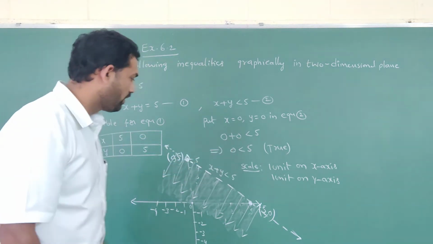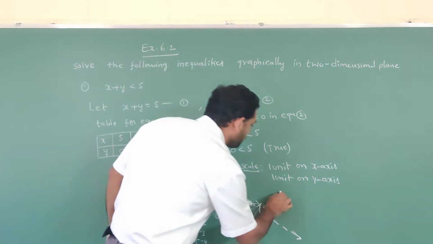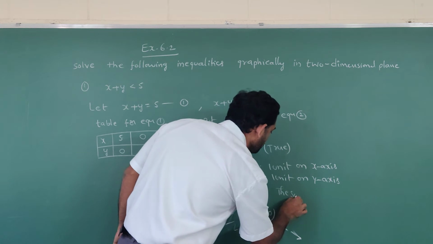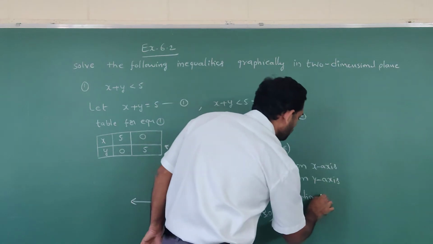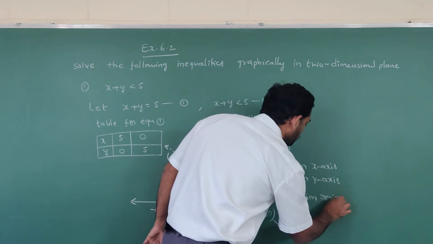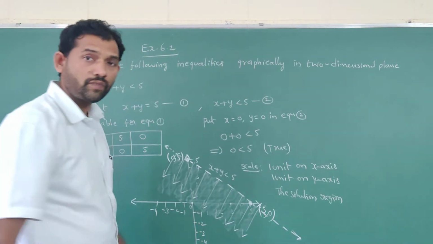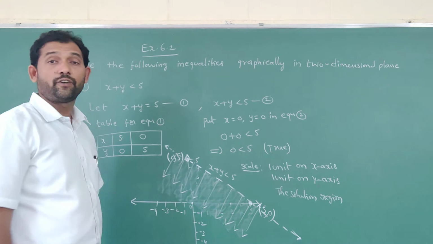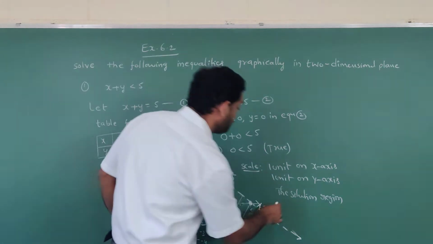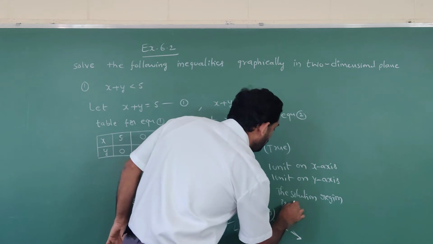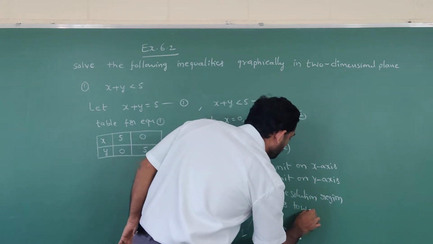Now you have to write the solution region after the graph. The solution region is towards the origin.